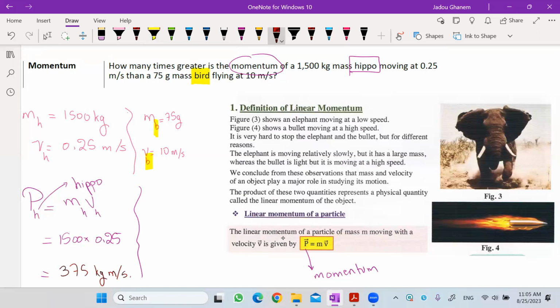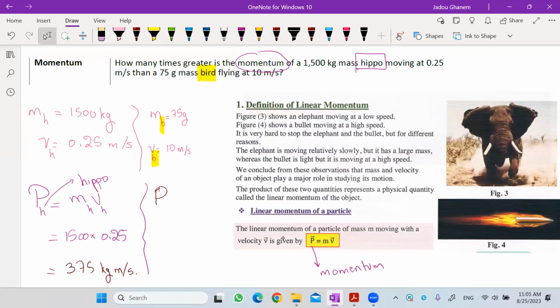Now to compare, we must find the linear momentum of the bird. So P of the bird will be equal to the mass of the bird multiplied by the speed of the bird. Mass is 75 grams. We must change grams to kilograms. Do you know how to change grams to kilograms?